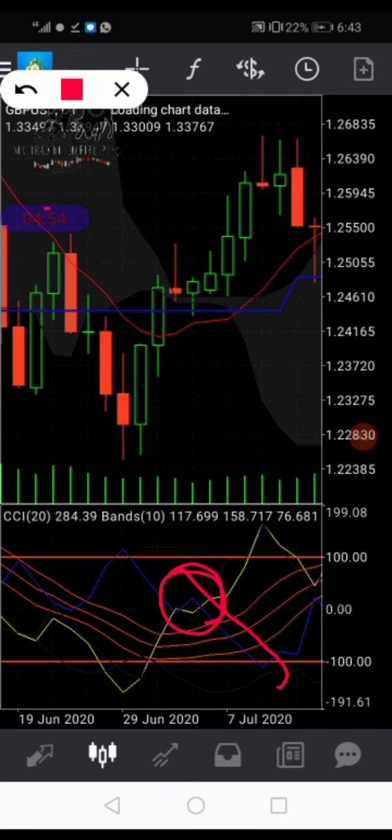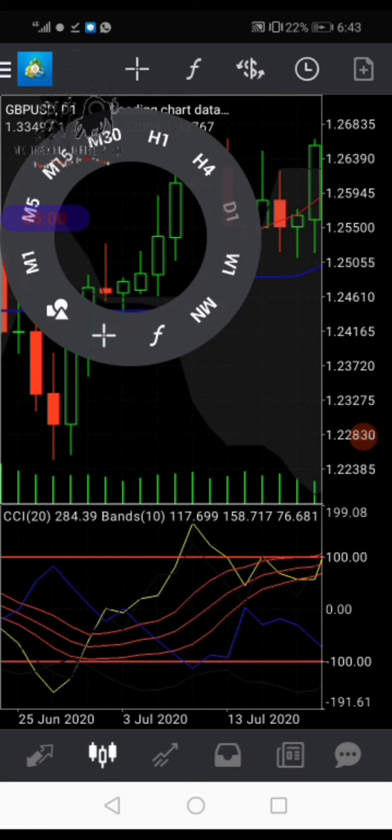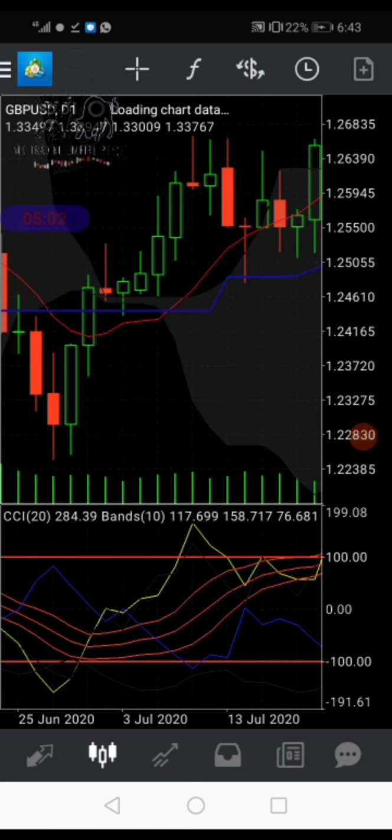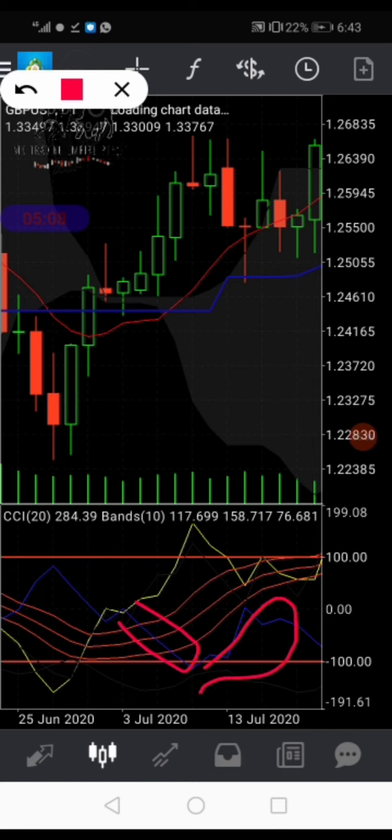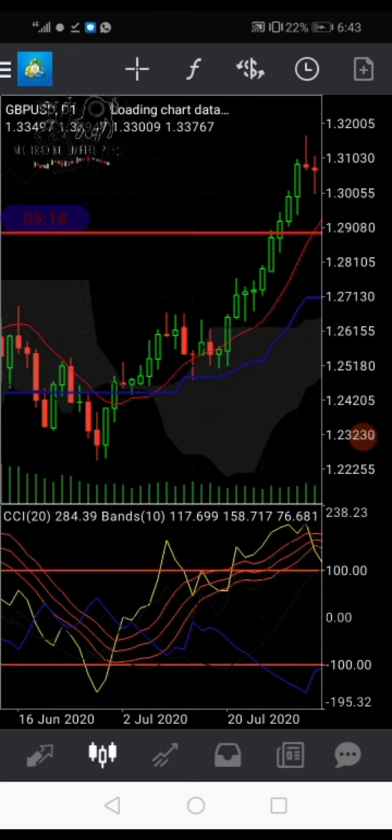Then when it moves below, it also has to go through the Bollinger Bands. Let it cross the Bollinger Bands. Then when the blue line moves from below the Bollinger Bands and the yellow line moves from above the Bollinger Bands, that's actually a buy right there.